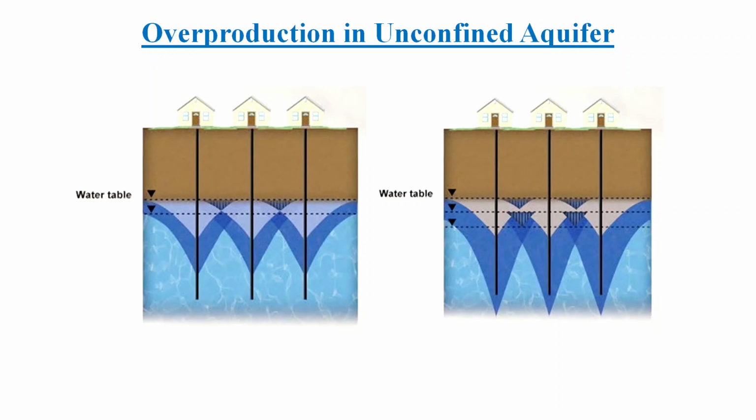If you are overproducing your groundwater, there will be multiple cones of depression developing, leading to a general fall in the water table. And if the production or discharge of the groundwater is more than what can be recharged during precipitation or the rainy season, for example, then subsequently the water table will fall.